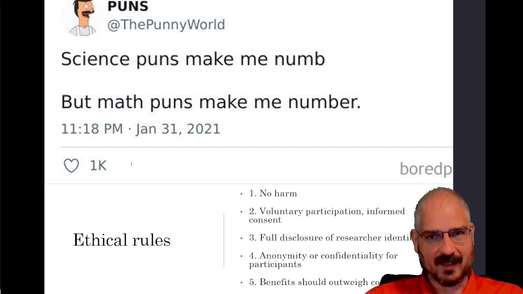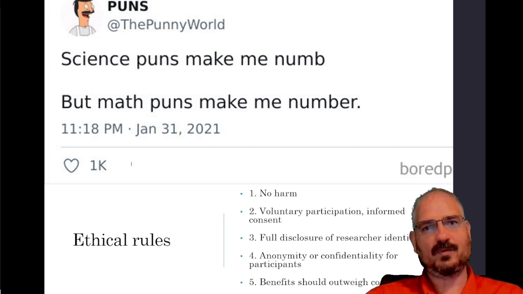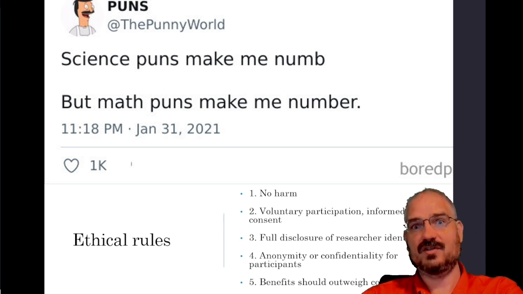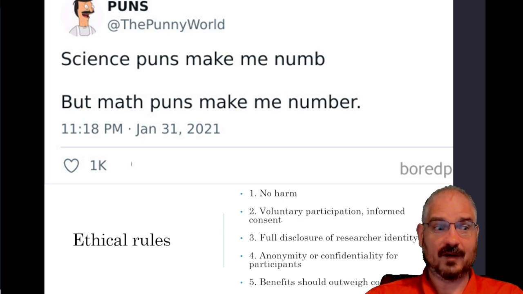Confidentiality, which is much more common, is equally as important. That's where the researcher knows who the participants are, but they promise not to tell anybody else who the participants are, right? So if I do a bunch of interviews with former criminals about whether they ever commit more crimes or not, and I promise them confidentiality, i.e., I know who you are, but I promise nobody else will ever know that it was you that helped participate in my study and help me generate this data, you need to abide by those.